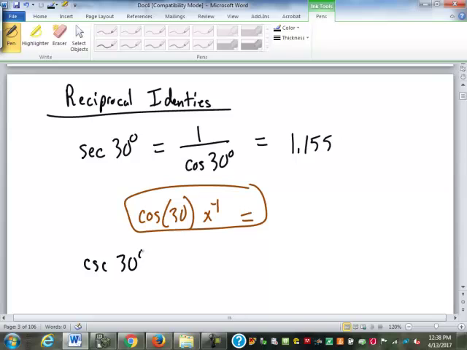Of course, cosecant, if I want to do cosecant of 30 degrees, cosecant is the reciprocal of which function? Sine. So remember, we typed that in as doing sine 30, close the parentheses, then x negative 1. That better give us 2.